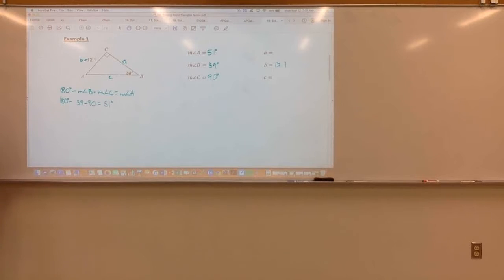How am I going to solve for A? What am I going to have to use if I only know one side in my triangle? If I only know one side, I can't use Pythagorean theorem. We have to know two sides to use Pythagorean theorem.